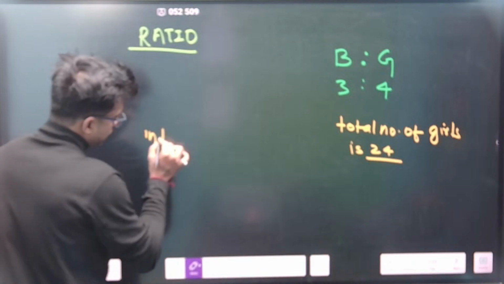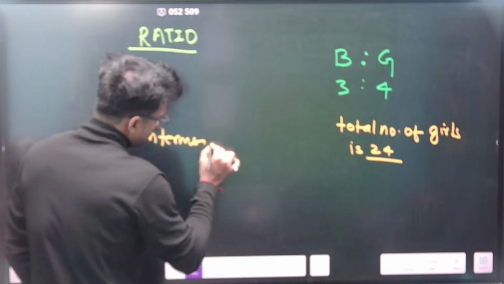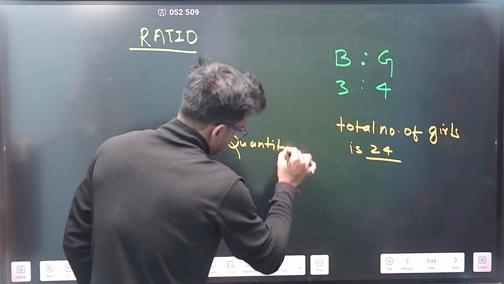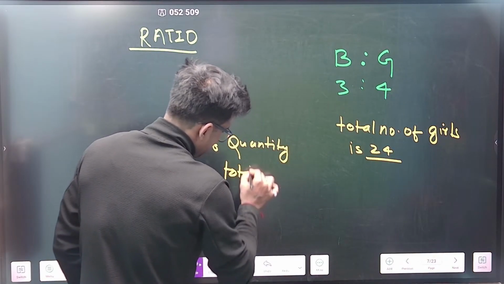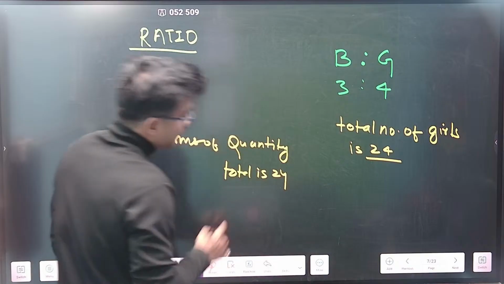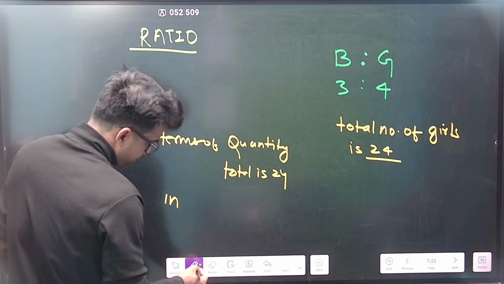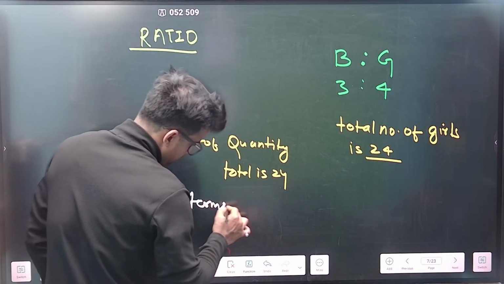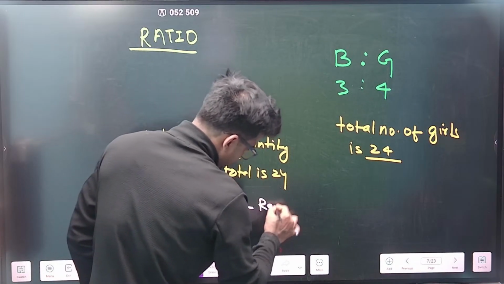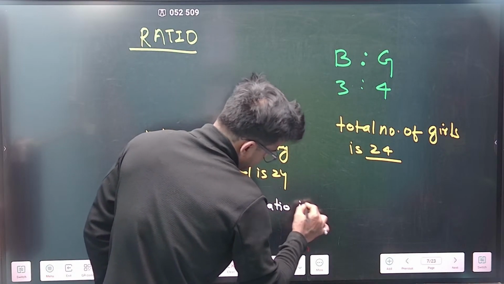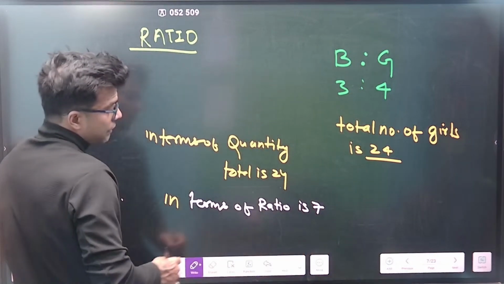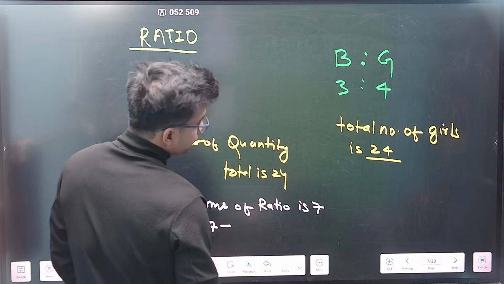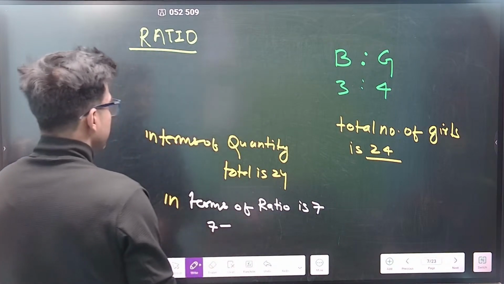In terms of quantity, the total is 24. In terms of ratio, sorry, I've written wrong.